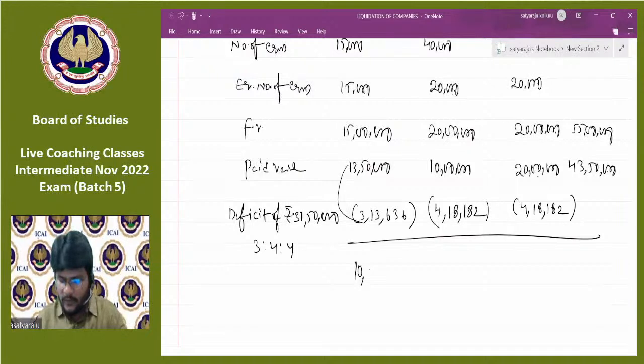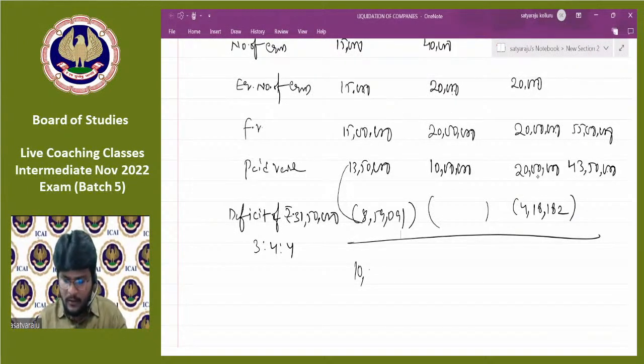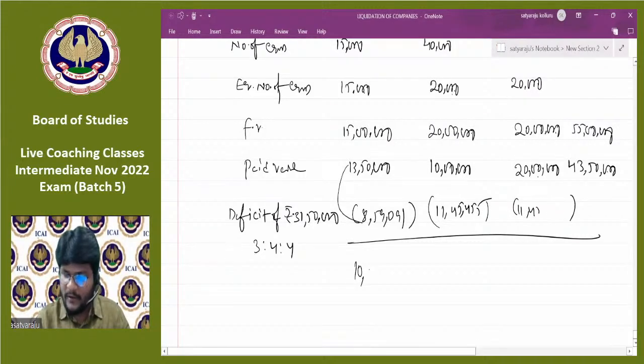Now you can distribute 31,50,000 multiplied with 3 by 11, which is 8,59,091 here. Here 11,45,455. Here also the same figure, 11,45,455. Am I right, guys? So the total deficit was 31,50,000.